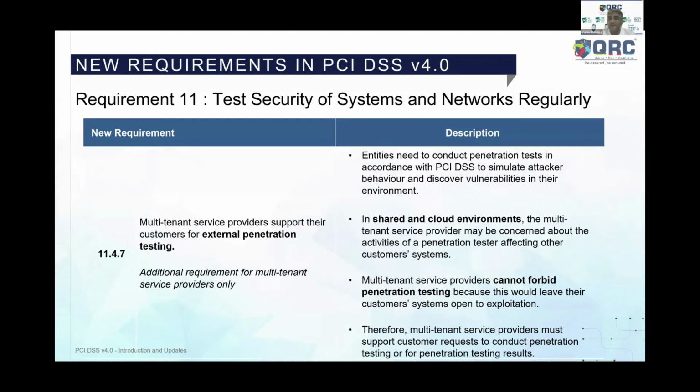So it means that such multi-tenant service providers have to perform the external penetration testing. But this is particularly for those service providers who are serving multiple customers. So this is one more change.